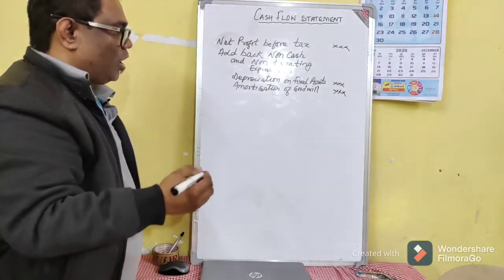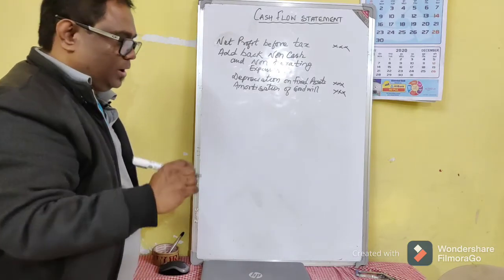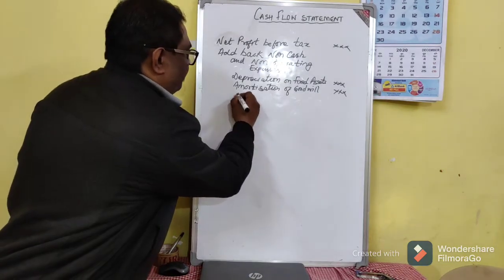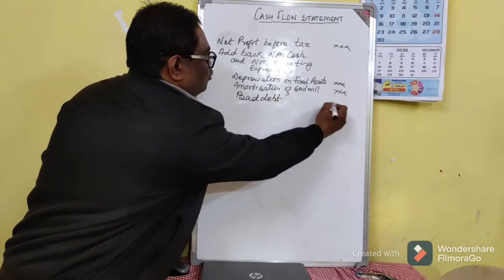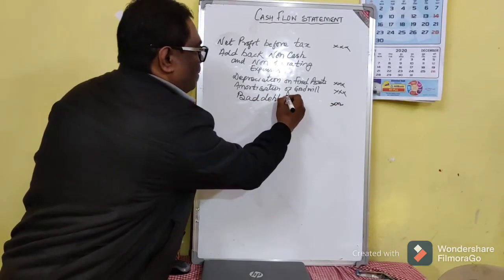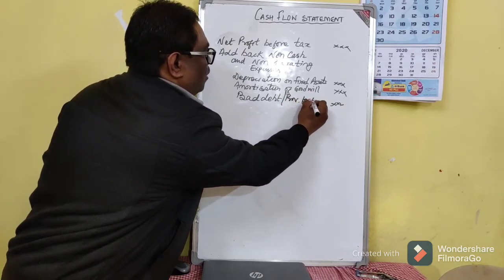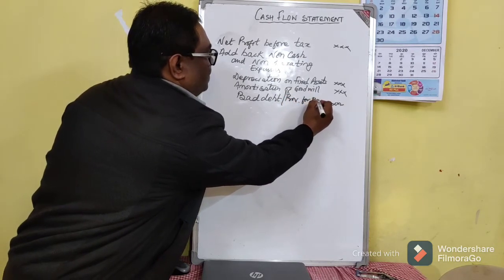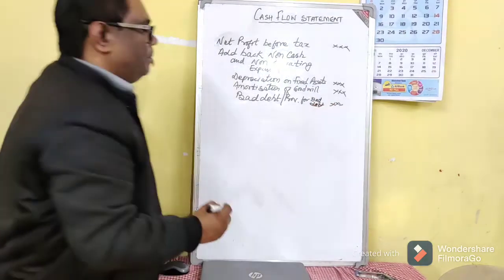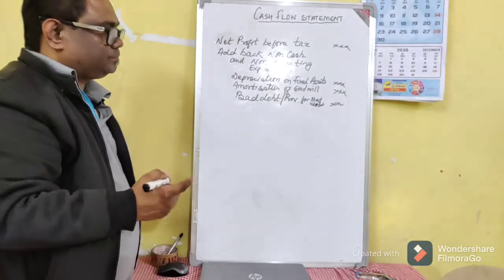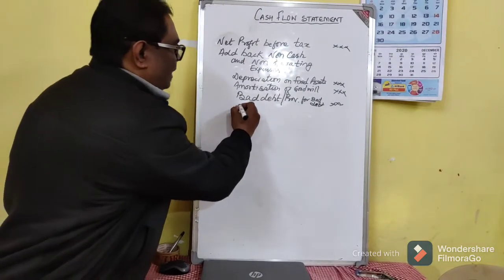Goodwill written off or decrease in the value of goodwill is called amortization of goodwill. Bad debt or provision for bad debt, provision for bad and doubtful debt, is to be added here. These all are non-cash transactions.